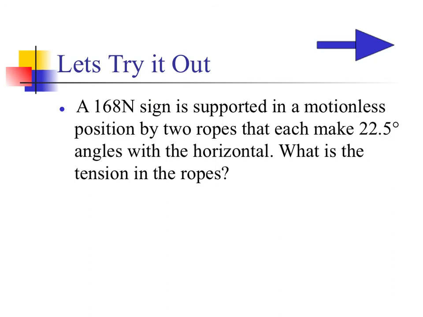So in a problem such as this, we again need to figure out what is going on. In some cases, it might be best to start drawing out what we see before we even do a free body diagram. And so we might have the sign, and that is just that.